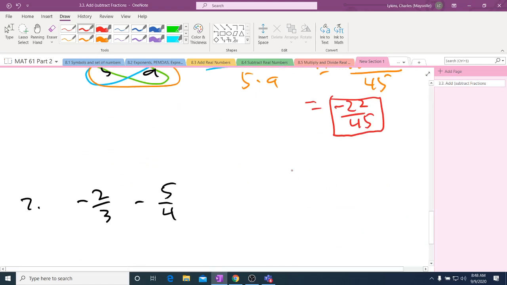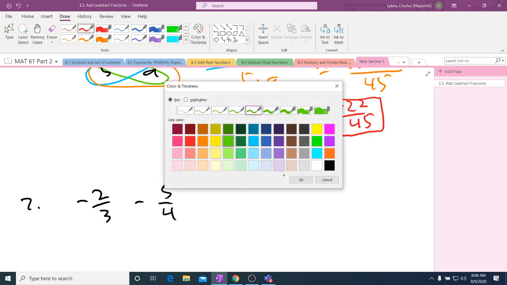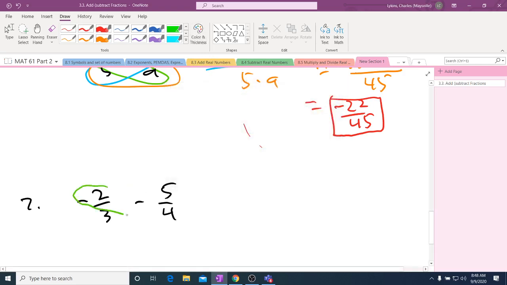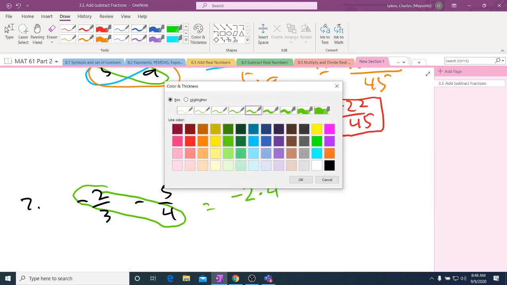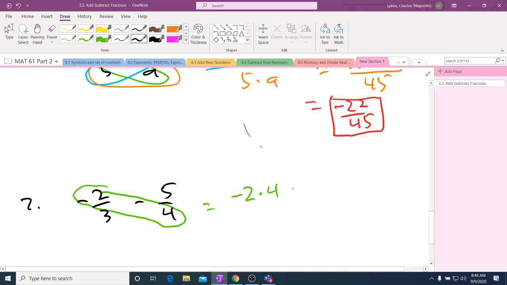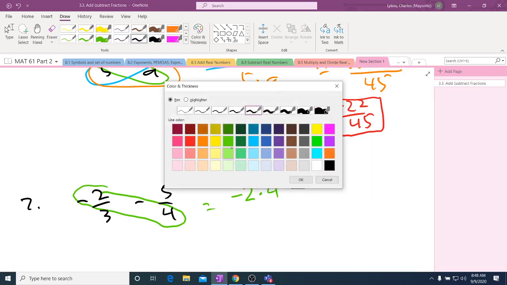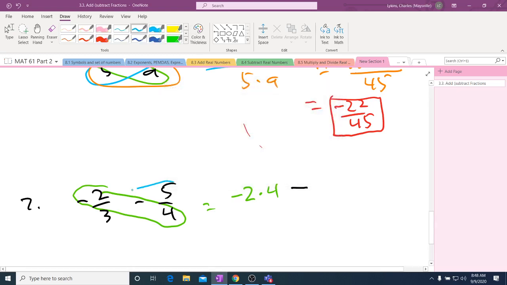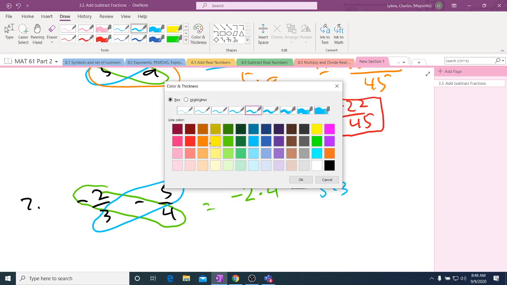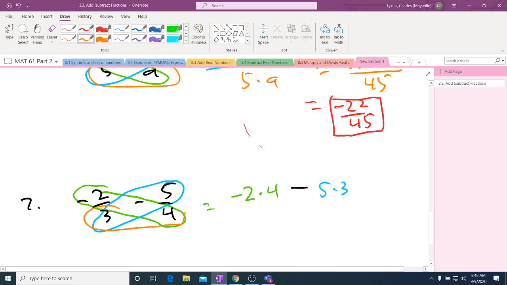Now, what happens if both of them are negative? Well, now this means that you treat this 2 as a negative 2 times 4. We still have our minus sign, but then I also have this 5 times 3 over 3 times 4, which we put on the bottom.